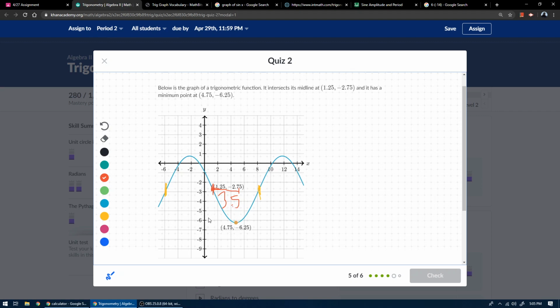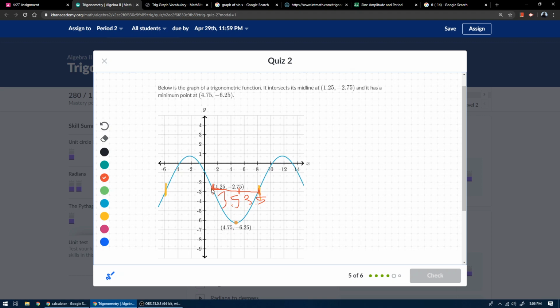So, well, look at this. To go from the center to a low point, I add 3.5. Well, this is symmetrical, right? This is perfect. So it must be the same distance over here. To go from this center down to the low point, it still must be 3.5.